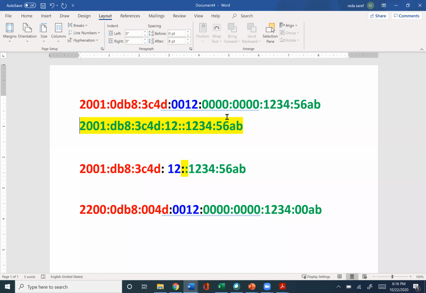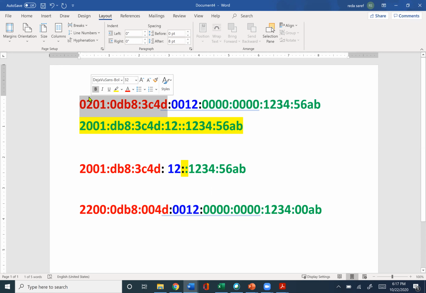Everything after that, there is no leading zero here. If it was 02, then I'd take the zero off. There are only two rules: the leading zeros of every group. Each one of them, if there's a leading zero, we take it off.